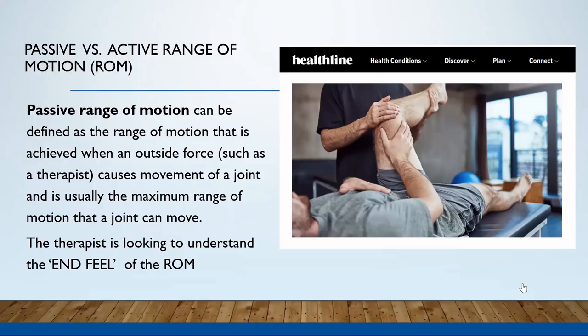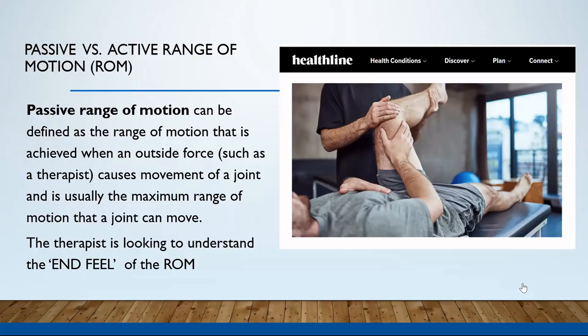In our vocabulary today, we saw the term end feel. In range of motion, we are looking to take a client through a range of motion where we get to the end of where they can move. We, as the therapist, feel we can't go any further. So in the image you see here, we see a knee bent, and that knee is going to come up towards the chest.